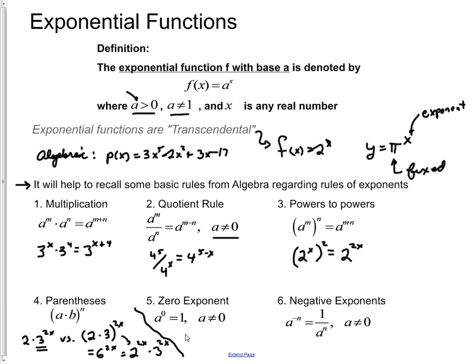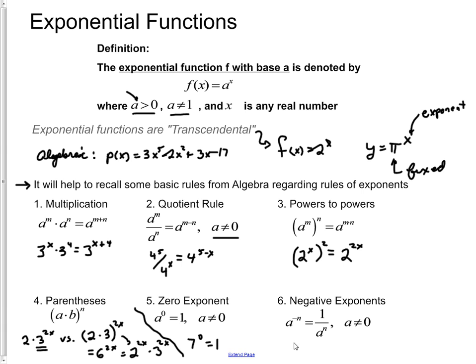One more quick note here. Anytime we raise a base to the power 0, we get 1. 7 to the 0 would be 1. And anytime we have a negative exponent, that negative exponent changes the position of the base. So a to the negative n would be 1 over a to the n.